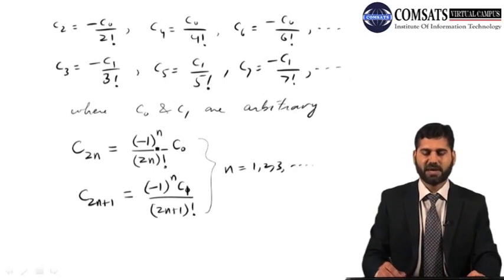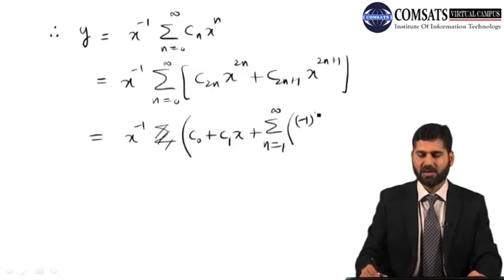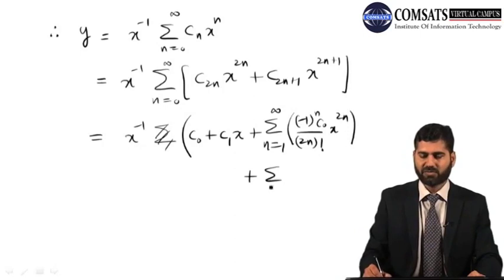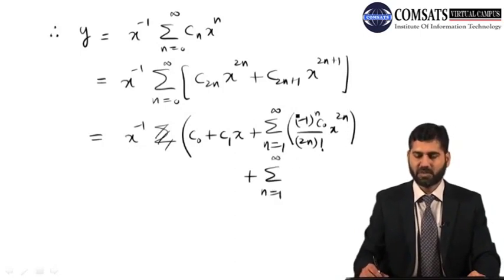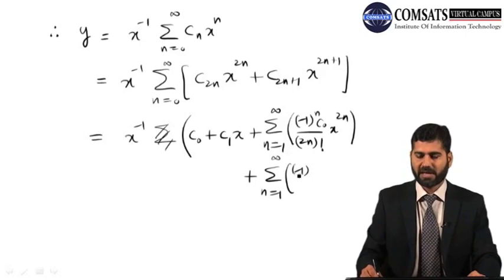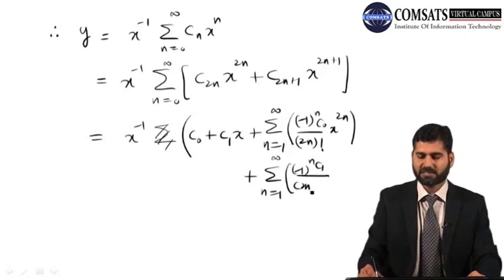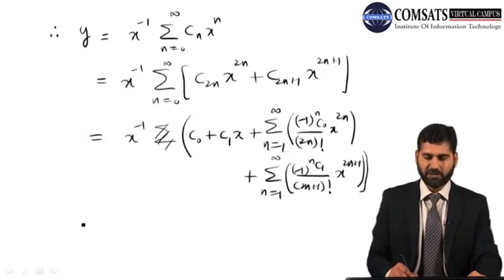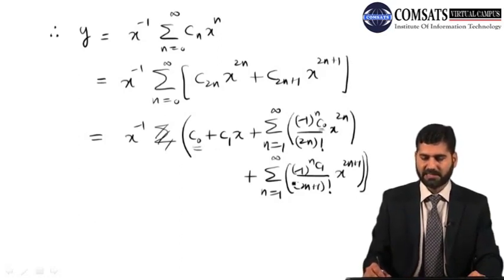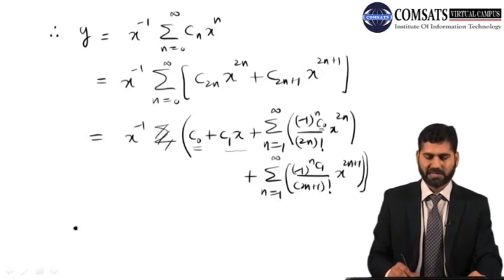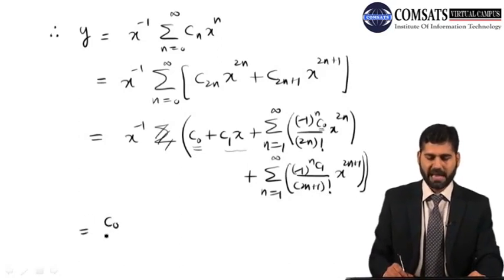Plus the sum from n equal to 1 to infinity, where we have c2n equal to minus 1 to the power n over 2n factorial times c0 x^2n, and plus the sum from n equal to 1 to infinity, where c2n plus 1 is minus 1 to the power n c1 over 2n plus 1 factorial times x to the power 2n plus 1. So this is what you are getting. Now if you separate the c0 terms and the c1 terms, you get c0 by x.